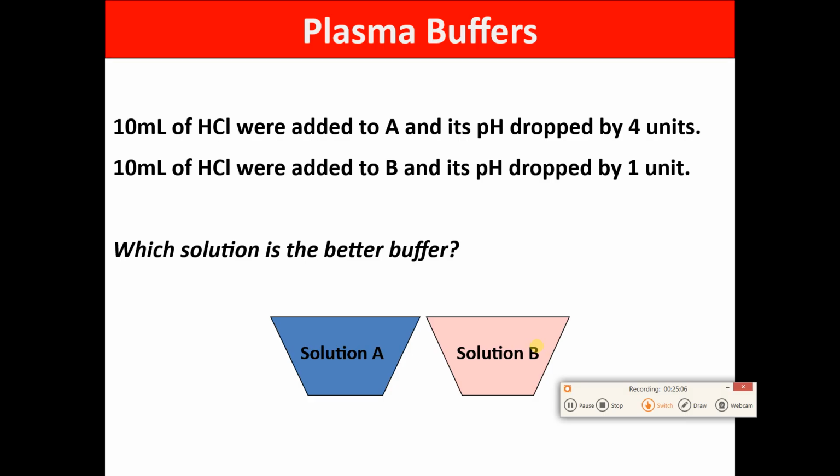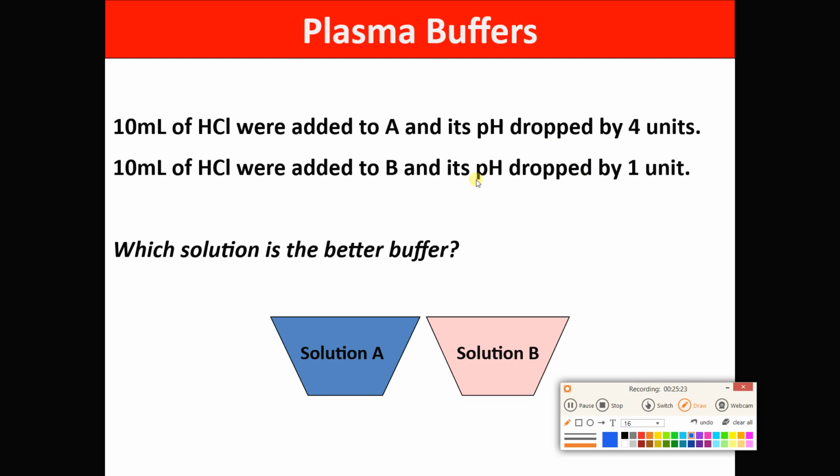And here's the answer. Buffers are going to prevent pH change, right? They're going to reduce pH change. So you got to ask yourself, which solution had the least amount of change? The least amount of change would be solution B. So solution B would be the better buffer.